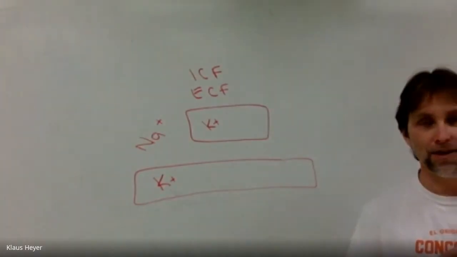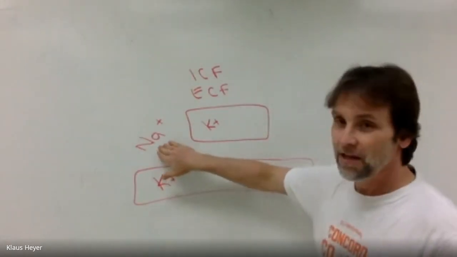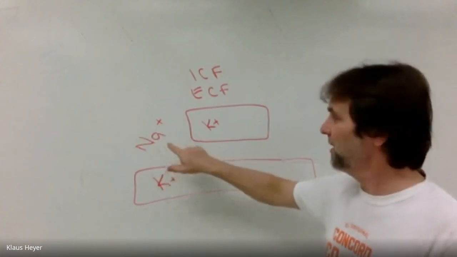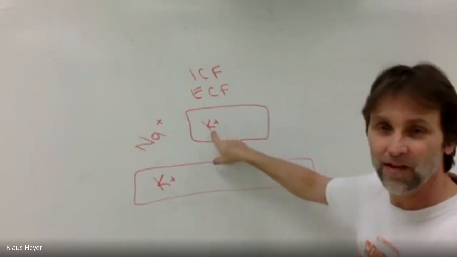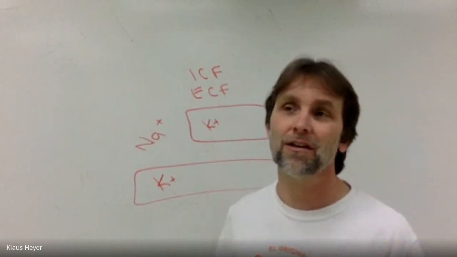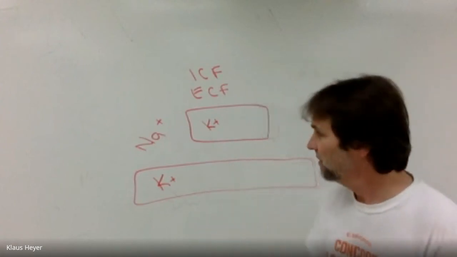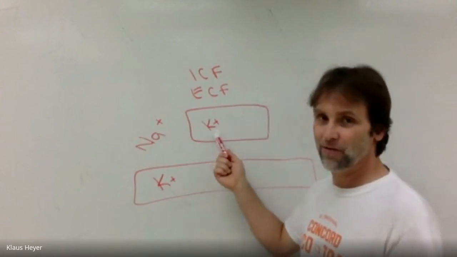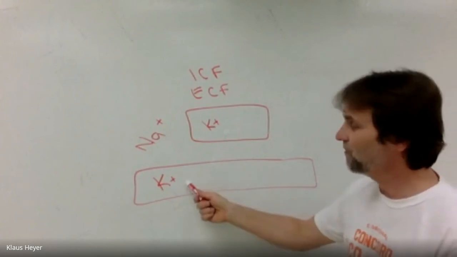Sodium is extracellular. It likes to be outside of your cells. Potassium is intracellular. It likes to be inside of your cells. It doesn't mean that they won't be outside of your cells. You could find potassium outside of your cells, but this is where they like to hang out. You tend to find them inside of your cells.